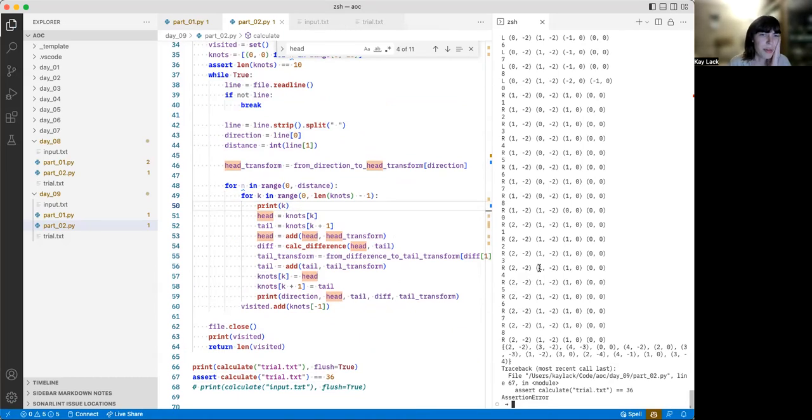We are going through them all. How can it still be 13?